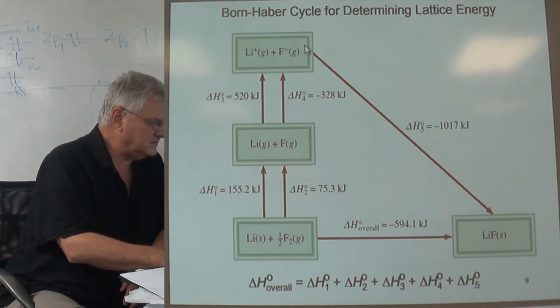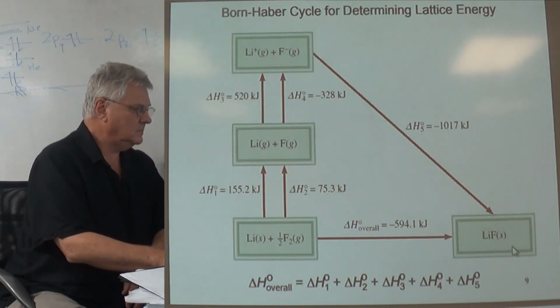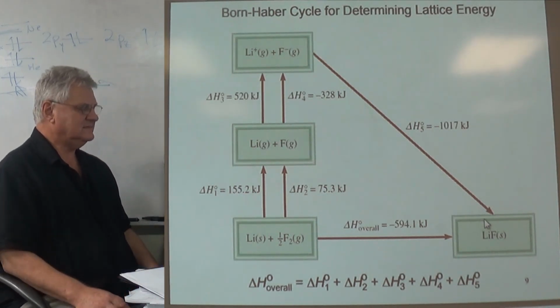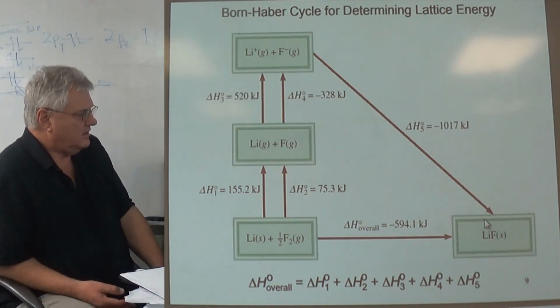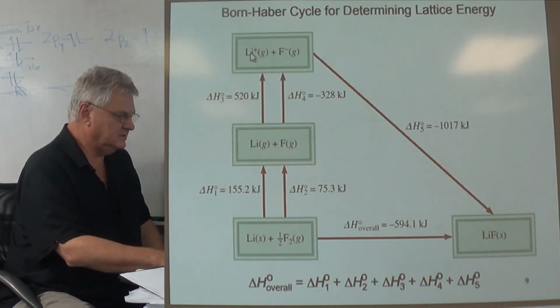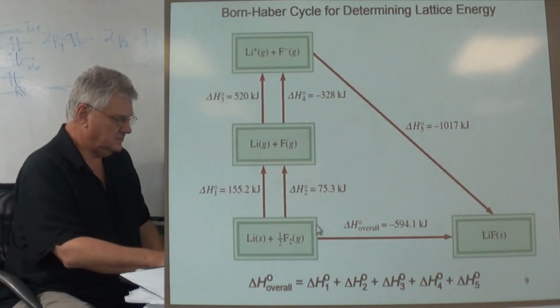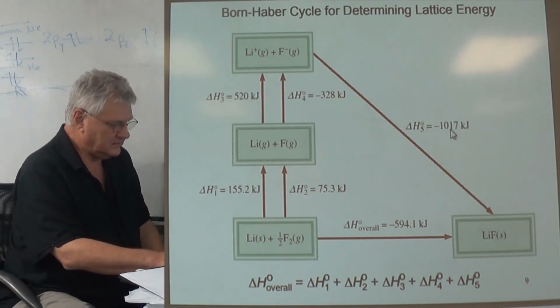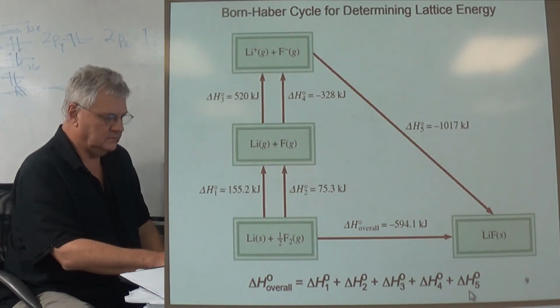So this transition here essentially involves the lattice energy, and if we can figure out these other parameters in this overall process, we can calculate what H5 here is, which is essentially the lattice energy.